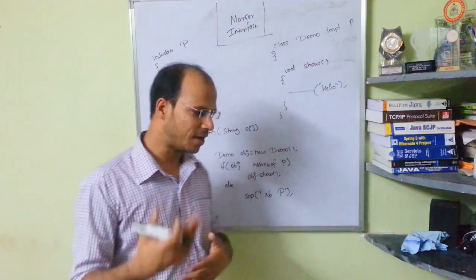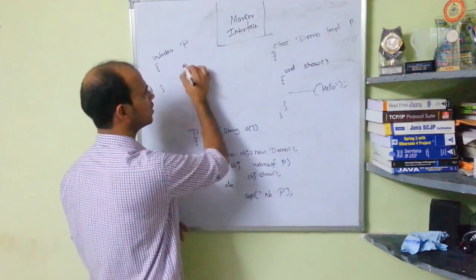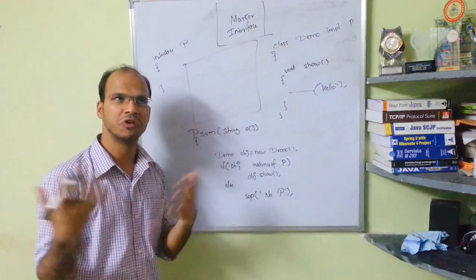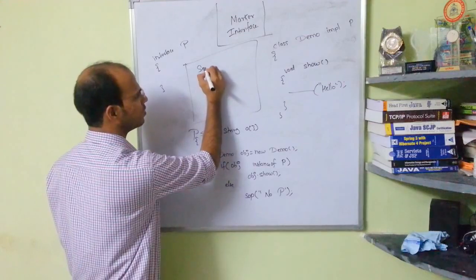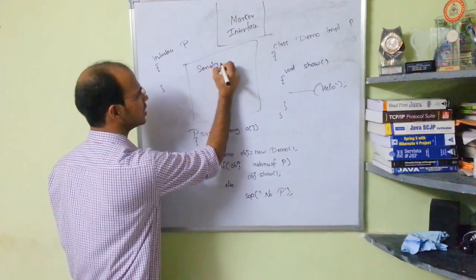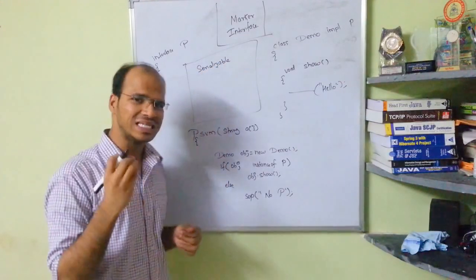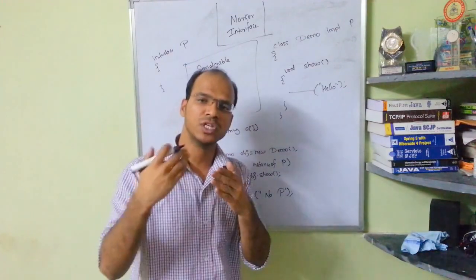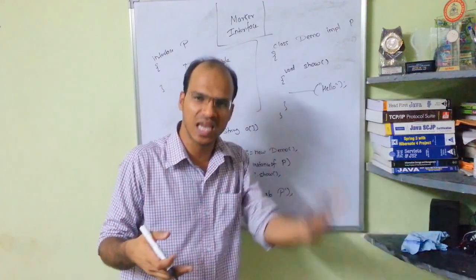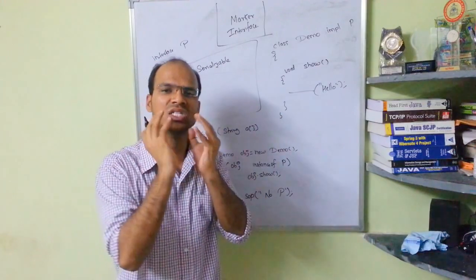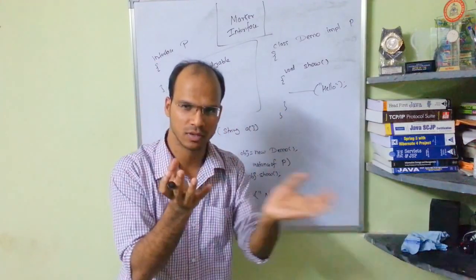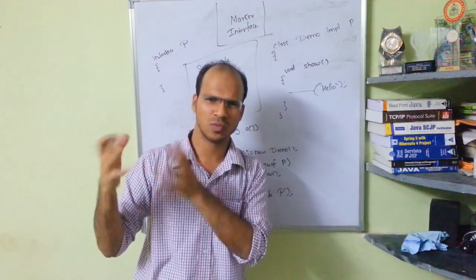Now there are lots of such interfaces. One of them is Serializable. Using this interface, you can give permission to an object so that it can be saved, or you can save the state of an object. That's called serialization. You might know that concept, right?